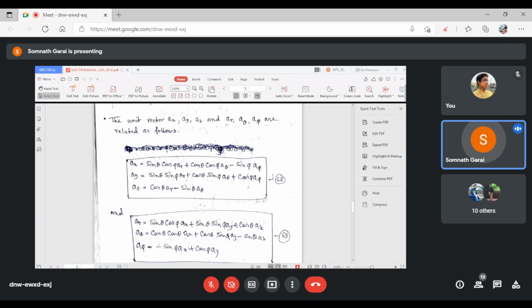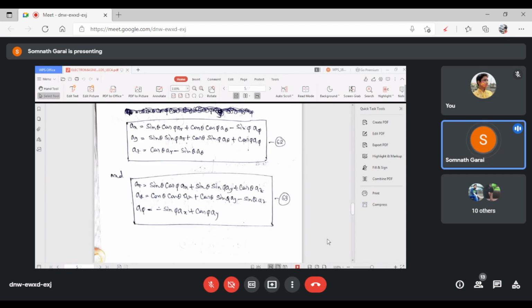Now if the reverse situation occurs, we can also represent ar, a theta, and a phi. ar is equal to sin theta cos phi ax plus sin theta sin phi ay plus cos theta az. That is the interrelation of ar with respect to ax, ay, and az, right?